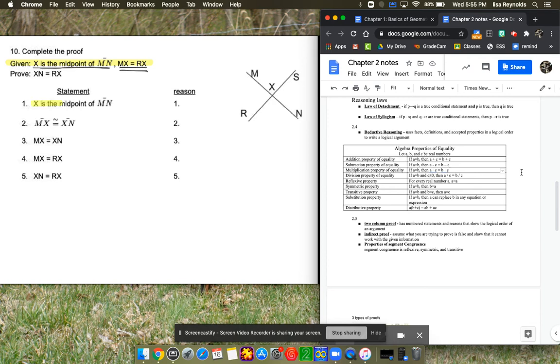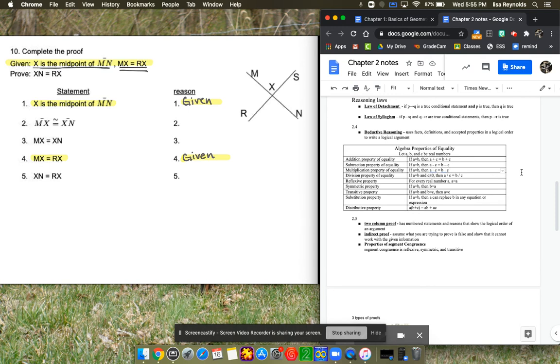So in line 1, I have one of those statements, so I know what my reason's going to be. And then in line 4, I have that other statement. So this information was given to me. I don't have to look for a reason other than they gave it to me.